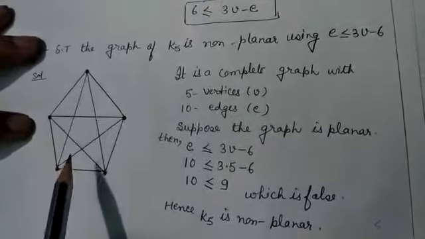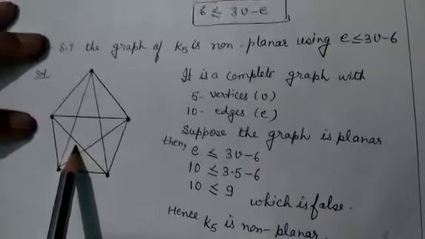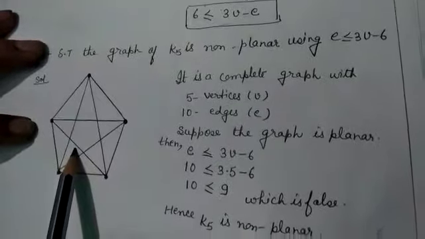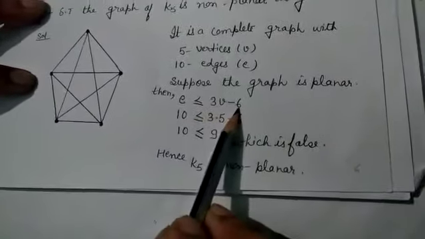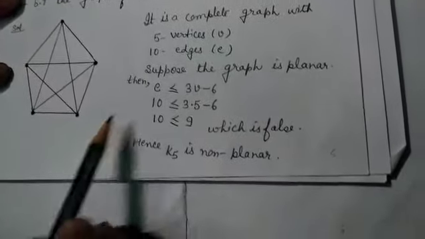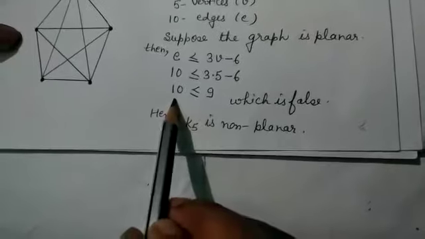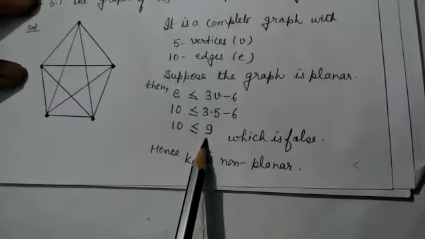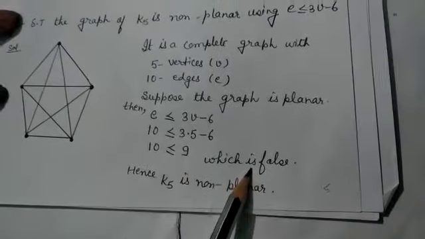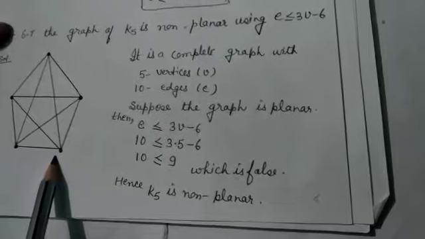We will consider that this graph is planar. Then E is less than or equal to 3V minus 6. Now we put the values. We get a contradiction: 10 is less than or equal to 9, which is false. Hence, this K5 graph is a non-planar graph.